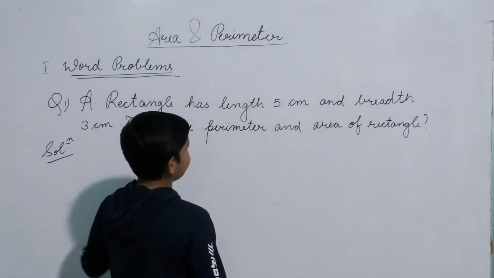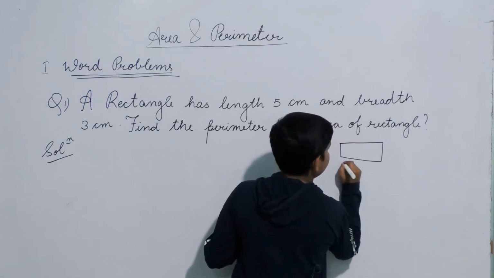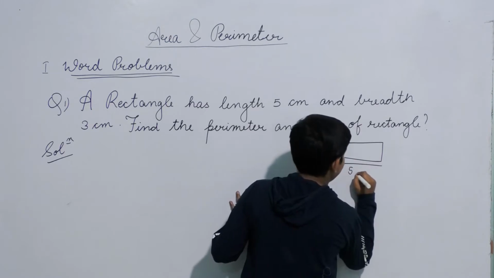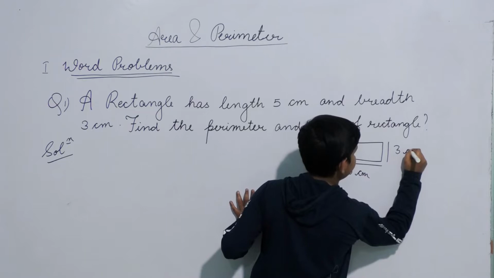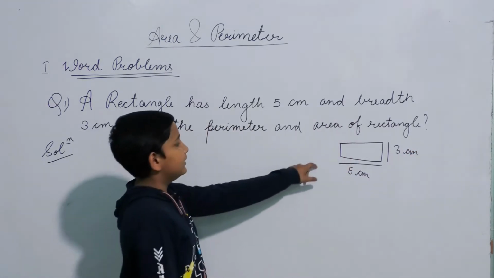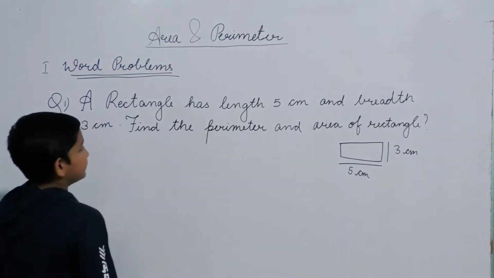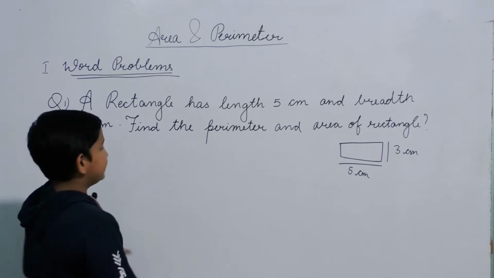What this question means is that there is a rectangle whose length is 5 cm and breadth is 3 cm. We need to find the area and perimeter of this rectangle. First we will find the perimeter, because it is mentioned first in the statement.